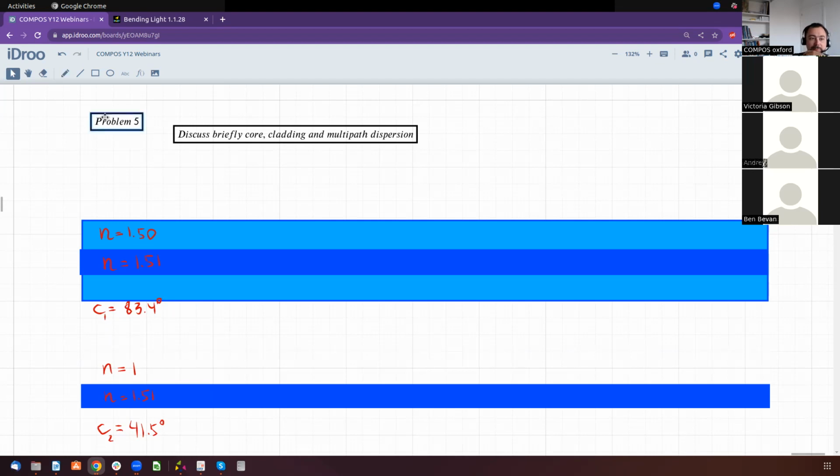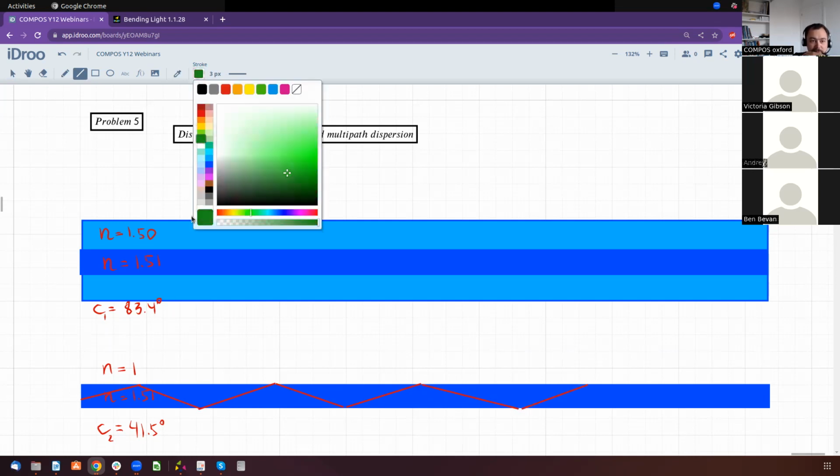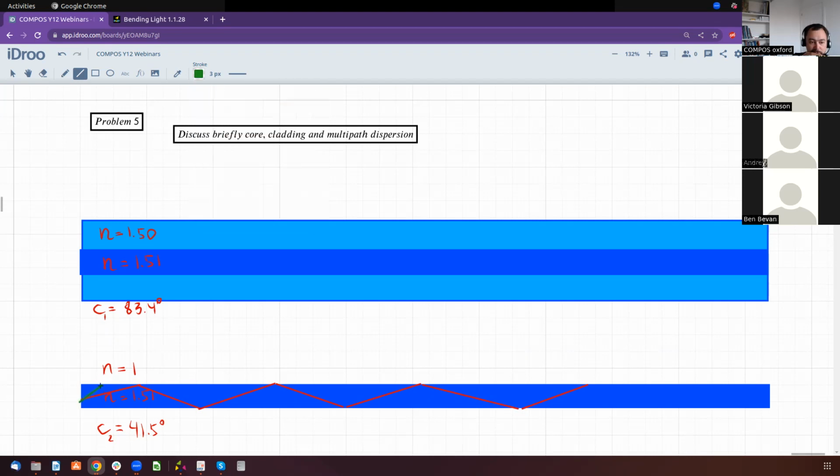Because effectively what that means is, if light travels like this, it will bounce. But if light travels like this, it would still bounce, because the critical angle is anything above 40, it will bounce.